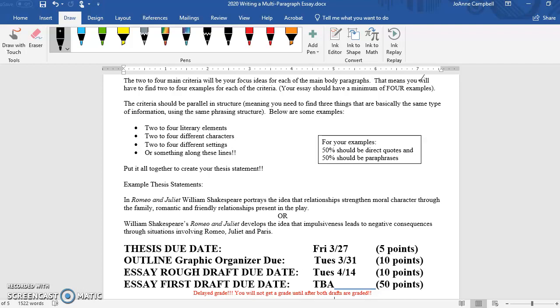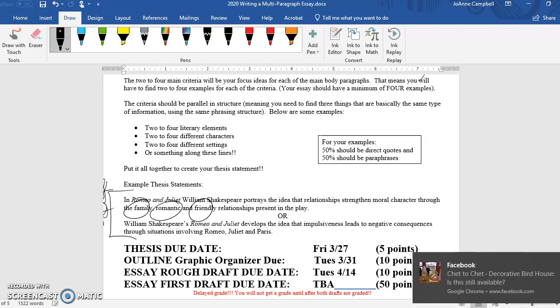So look at these example thesis statements. And again, don't feel afraid to use these if you like the idea. You could definitely come up with your own information, but you could use one of these too if you're like, I don't know what to do. So here's the first one. In Romeo and Juliet, William Shakespeare portrays the idea that relationships strengthen moral character. Ooh, interesting idea. So relationships improve people morally. And then they're breaking it down in 3 ways: through family, romantic, and friendly relationships.